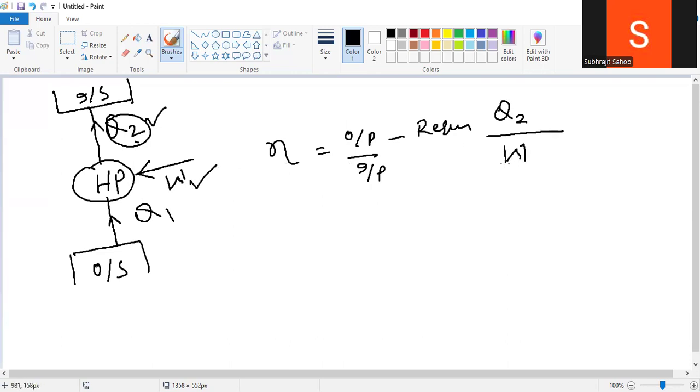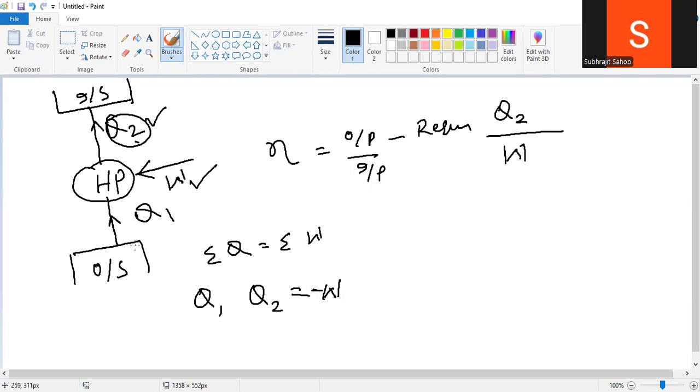Observe. Then to simplify it more, I need to apply the first law here. Summation of Q equal to summation of W. Very interesting law it is. So Q1 minus Q2 equal to W. Again, W supplied means minus.